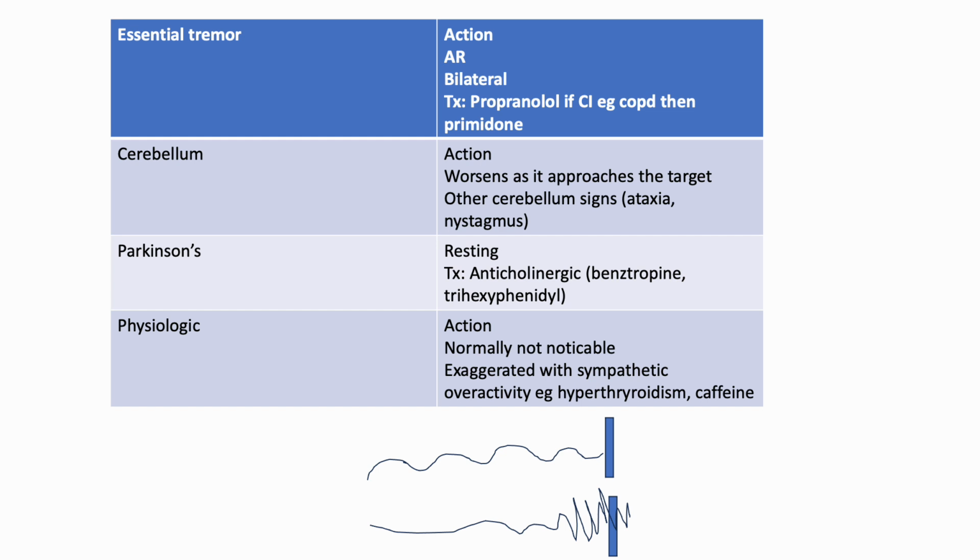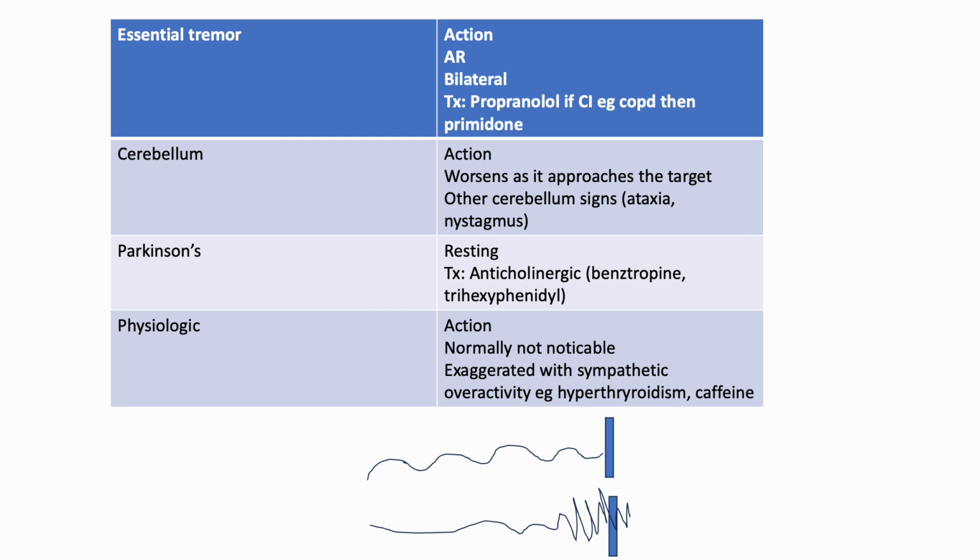But we have to know how to differentiate essential from cerebellar, because both are action tremors. In the question, usually for cerebellum, they will give you other features of cerebellar dysfunction, like ataxia, nystagmus, dysdiadochokinesia, dysmetria. But if they only want you to differentiate based on the tremor quality, in essential tremor, the tremor is exaggerated from the beginning.